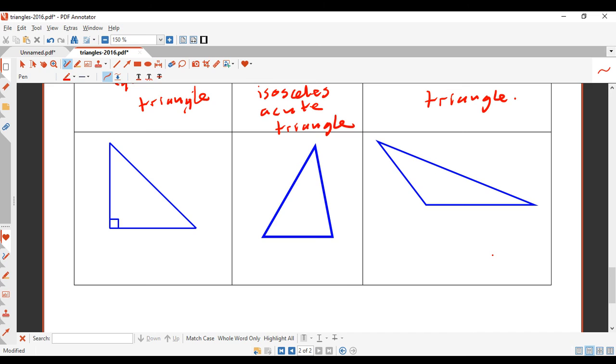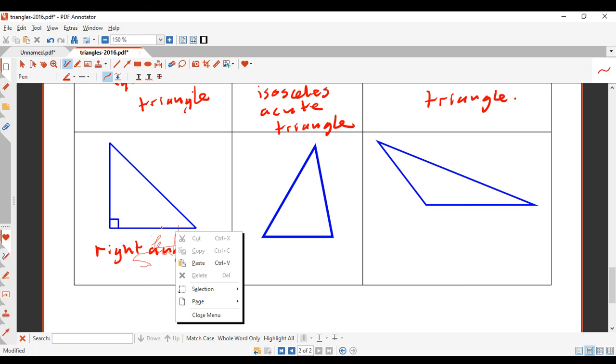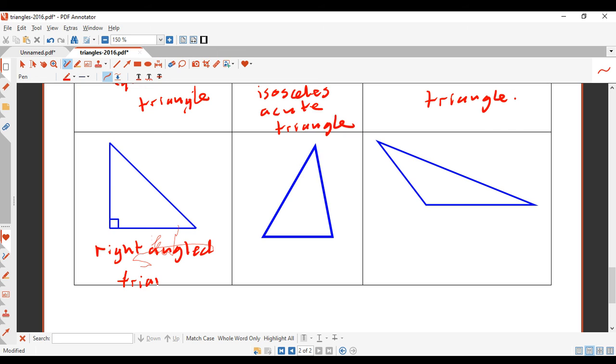Okay, now what about this one? Here we have a right angle triangle. And we're not going to call it a right angled acute triangle because all right angle triangles have two acute angles.